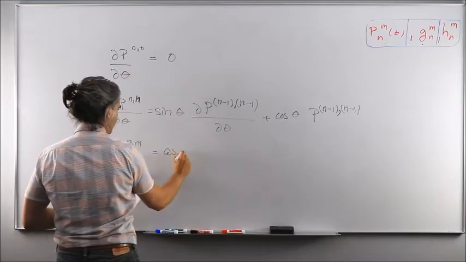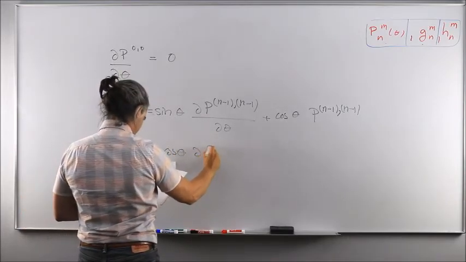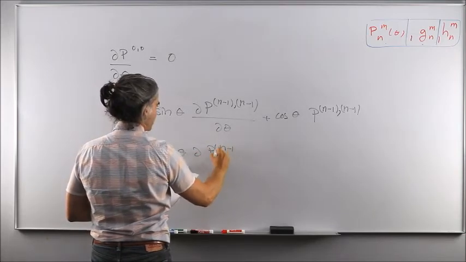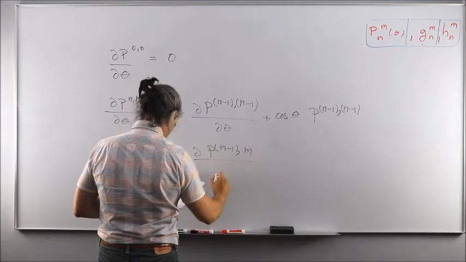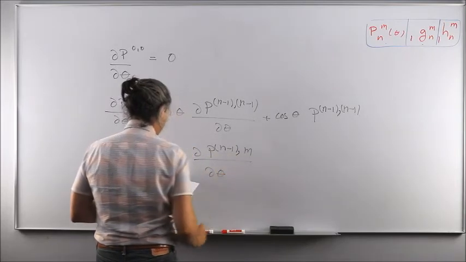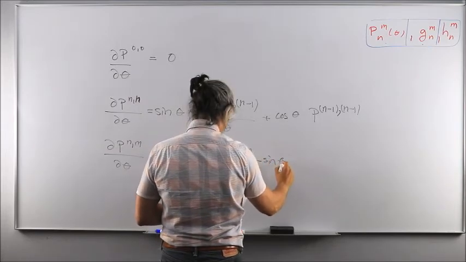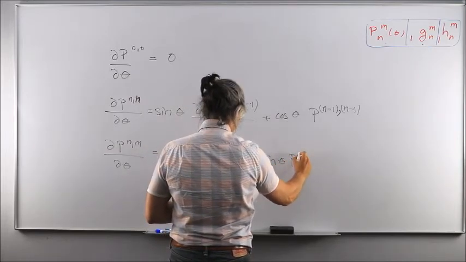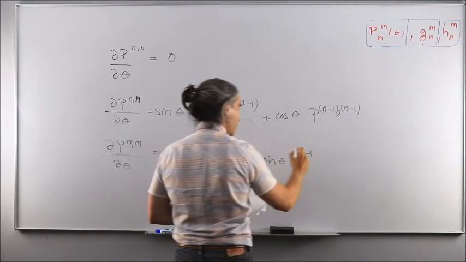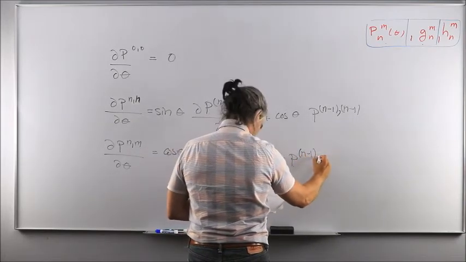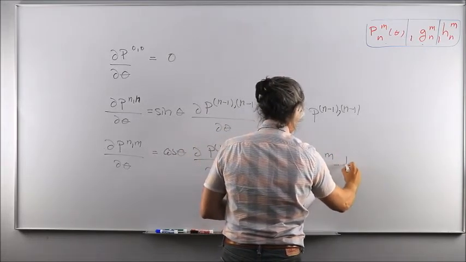to cos of the co-latitude, partial derivative, oh no, so this is a recursive expression again. Yes, it is. This with respect to co-elevation minus sine of co-elevation and the recursive Legendre polynomial of degree n minus 1, order m minus k.